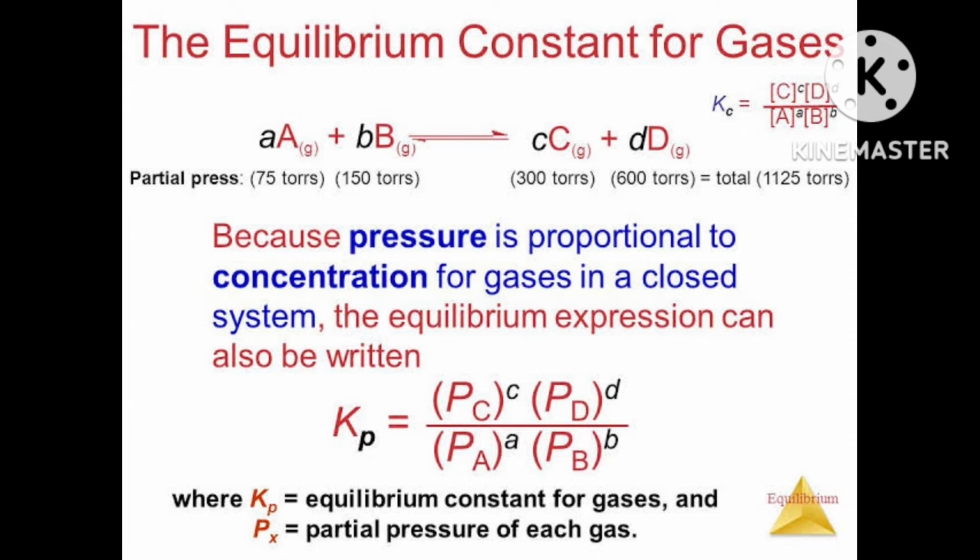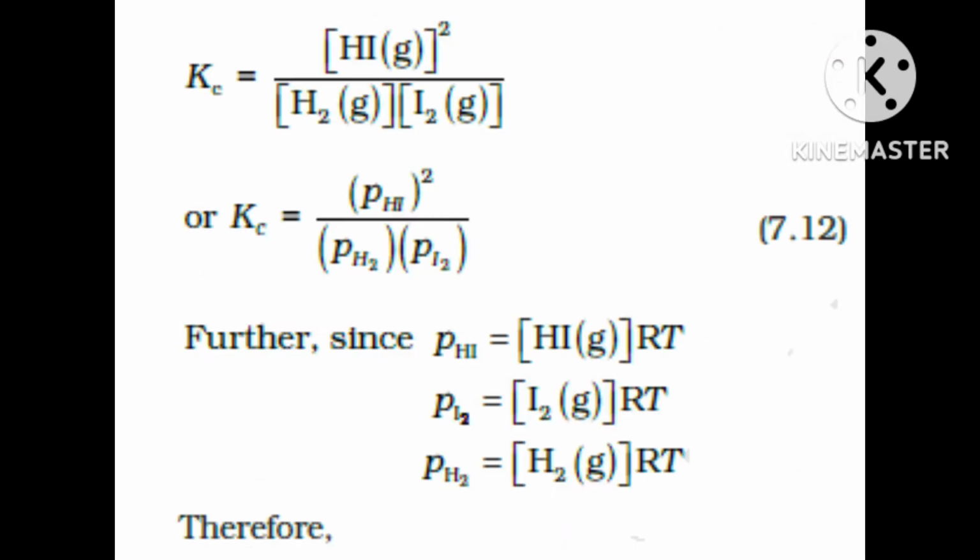It is very easy to derive if you try to understand. I am telling you step by step: only 3 steps are there, and the 4th step gives the final result.